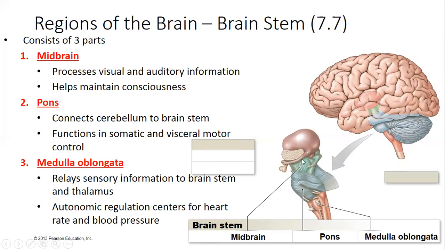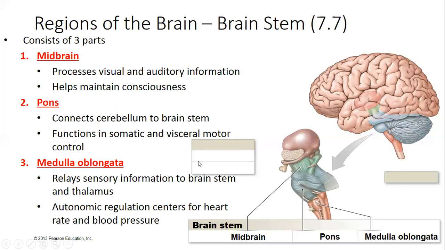Those three areas are called the midbrain in green, the pons in the blue, and the medulla oblongata in the kind of orangish pink. Those three structures make up the brainstem. The midbrain helps process visual and auditory information, and it helps maintain consciousness. So again, we'll come back and talk about these functions in detail later.